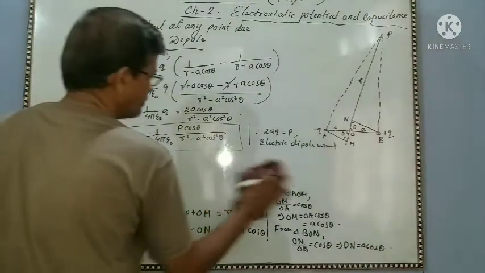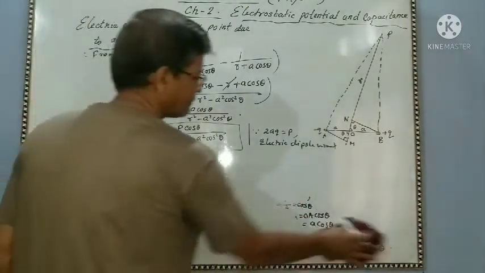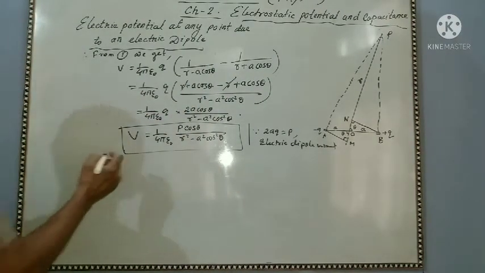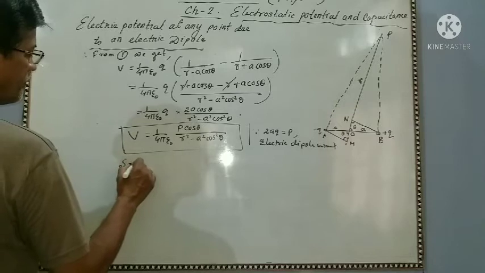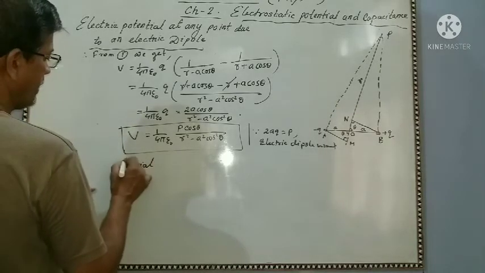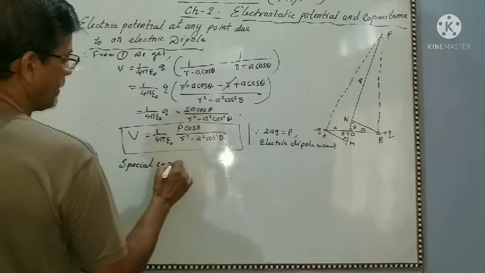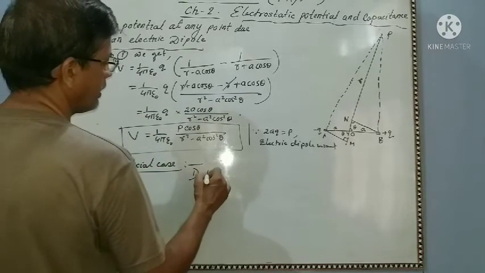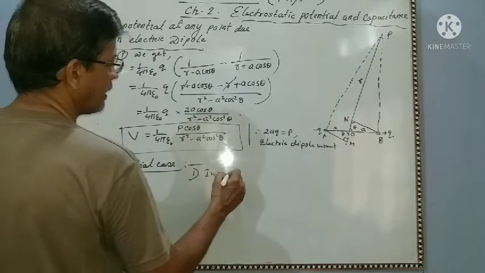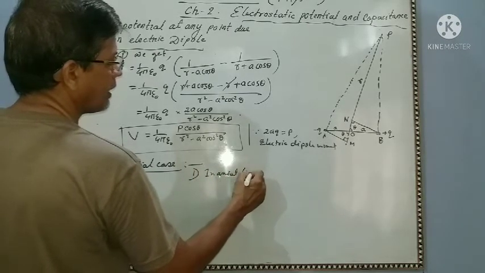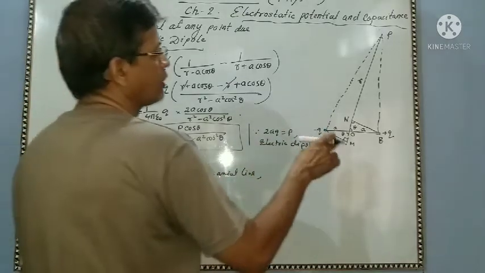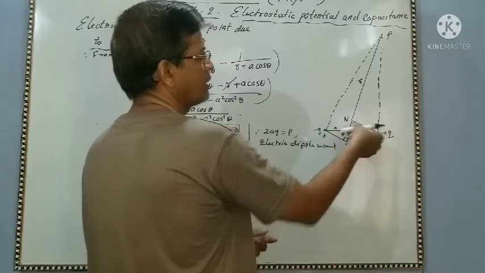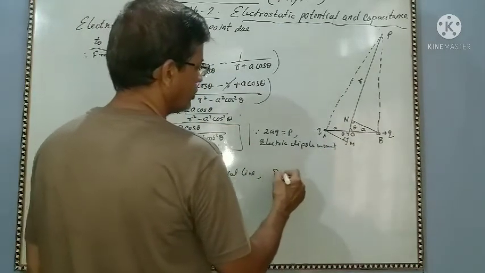Special cases. First, in the axial line, theta equals 0.